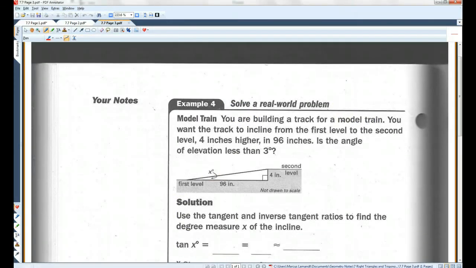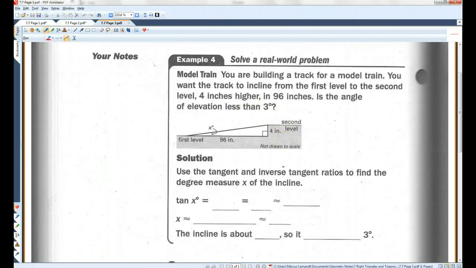You are building a track for a model train. You want the track to incline from the first level to the second level 4 inches higher in 96 inches. Is the angle of elevation less than 3 degrees? Alright, so this is the situation. We're looking for this angle here.